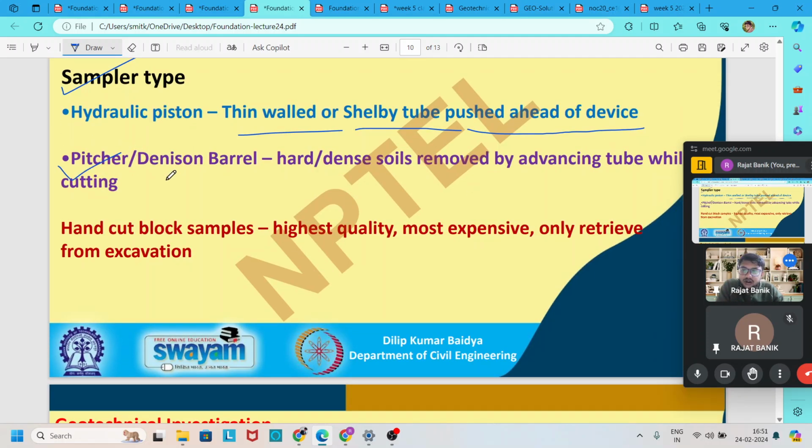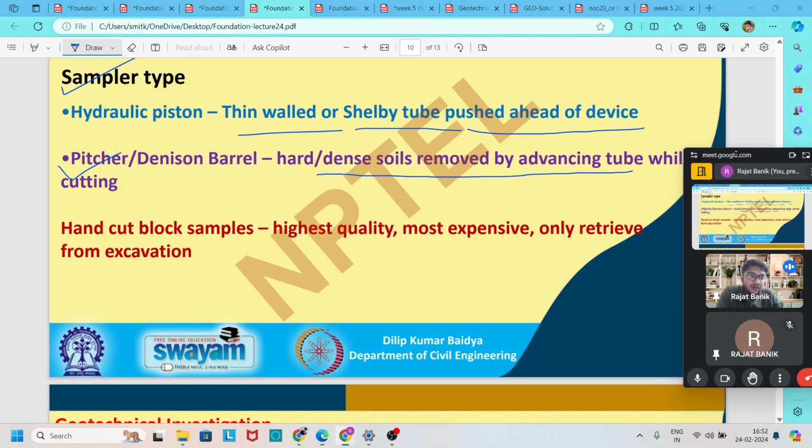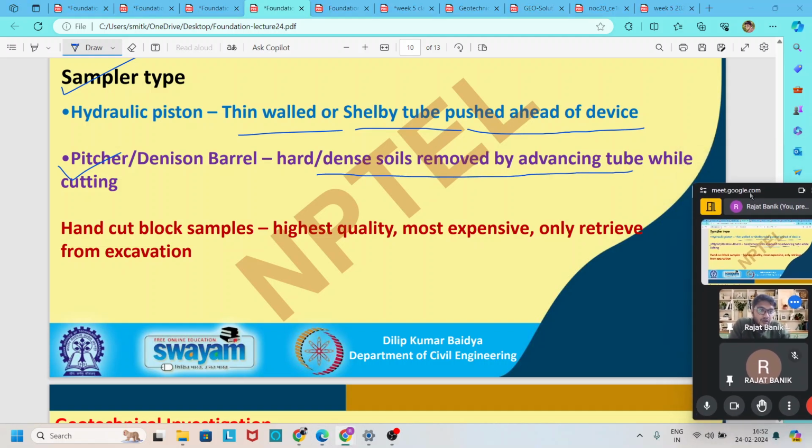Then the Pitcher or Denison barrel, for hard dense soil, removed by advancing while cutting. Then there are hand cut block samples, which have the highest quality but are most expensive and can only be retrieved from an excavation.